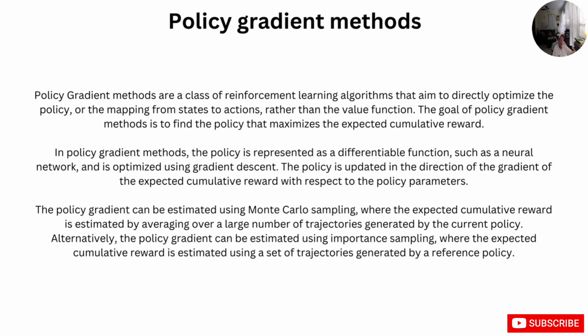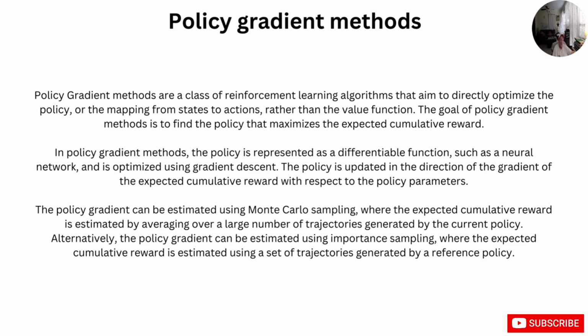In policy gradient methods, the policy is represented as a differentiable function, such as a neural network, and is optimized using gradient descent. The policy is updated in the direction of the gradient of the expected cumulative reward with respect to the policy parameters.